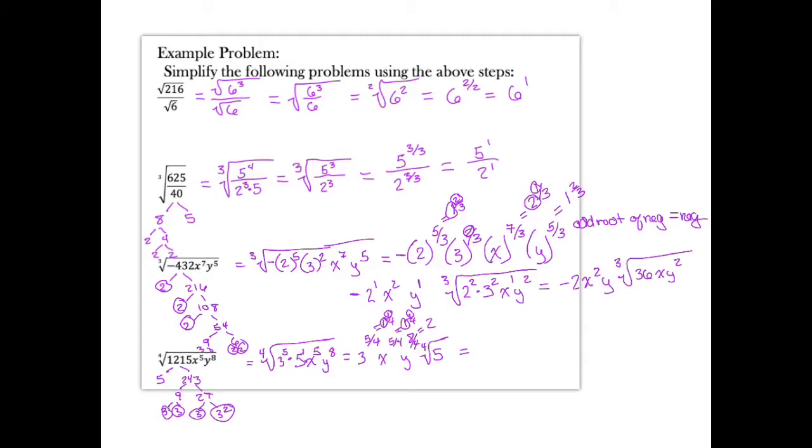So then this is going to simplify to 3 to the first power, and then fourth root of 3, and then we also have the 5 still. And then we have times x to the first power, and x to the first power on the inside, and then we have y squared and no y on the inside. So then when we simplify this all down, it should just look like 3xy squared fourth root of 15x.